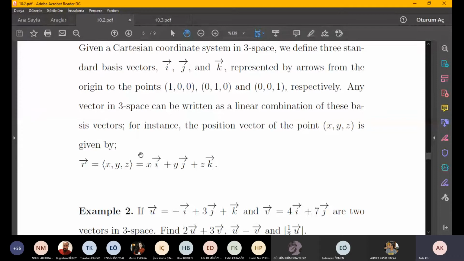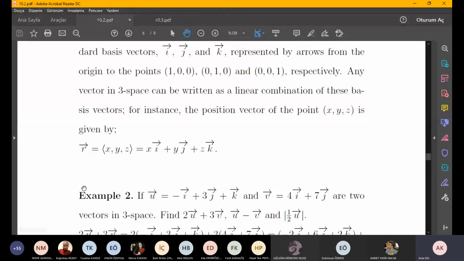So it will give x times the vector (1, 0, 0) plus y times the vector (0, 1, 0) plus z times the vector (0, 0, 1). Then after you use scalar multiplication and also addition in 3-dimensional space, the properties, you can get a vector with components x, y, and z.